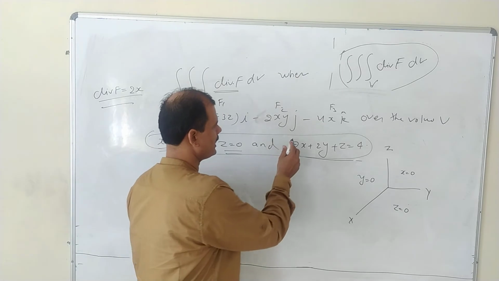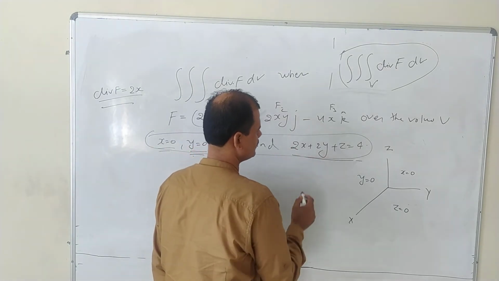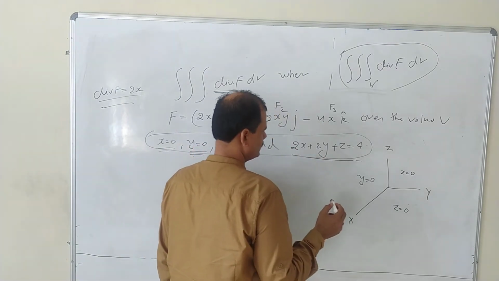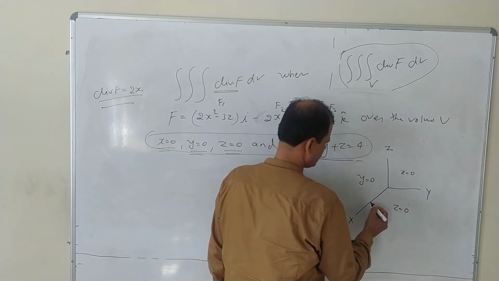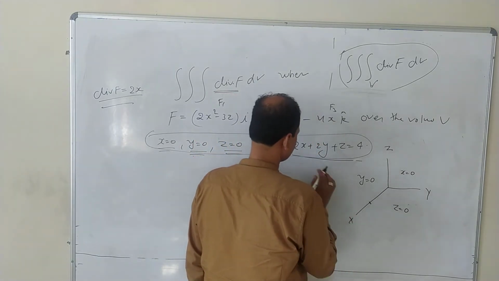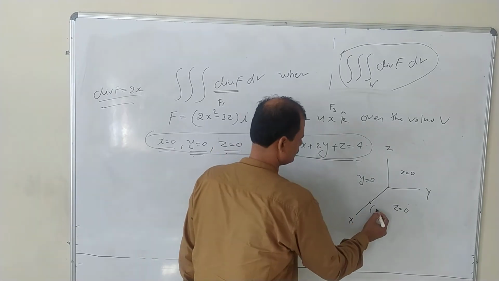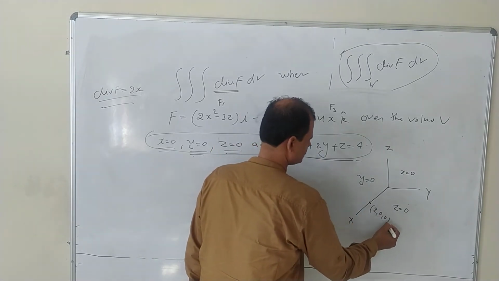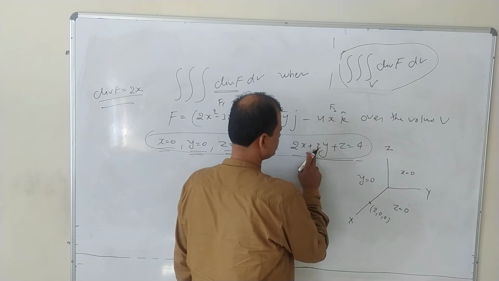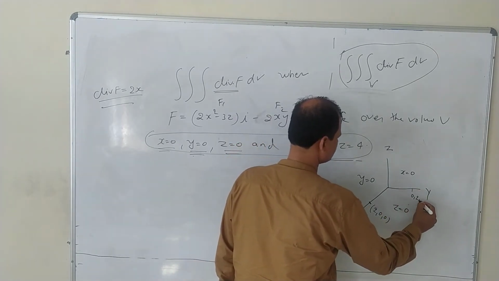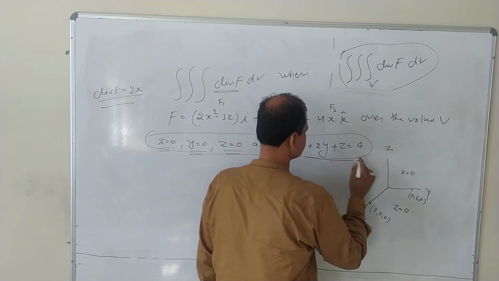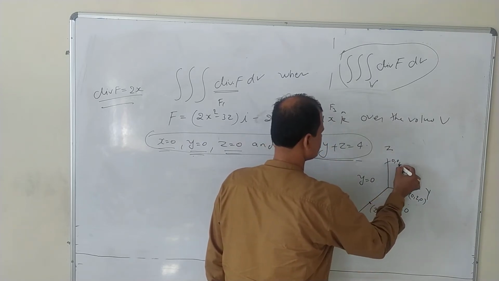Now 2x plus 2y plus z equal to 4. Let us take the points first. On the x axis, the point is (2, 0, 0), on the y axis (0, 2, 0), and on the z axis (0, 0, 4).